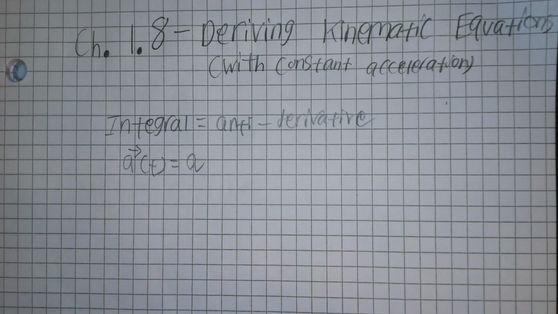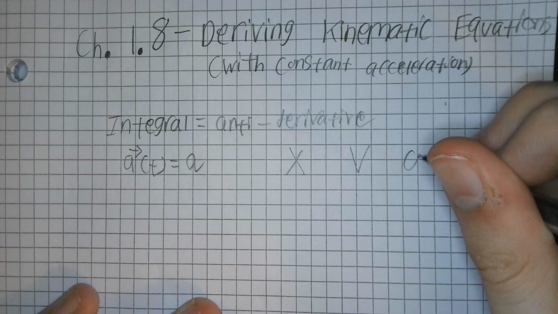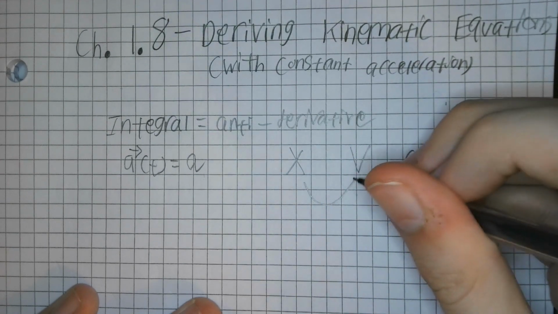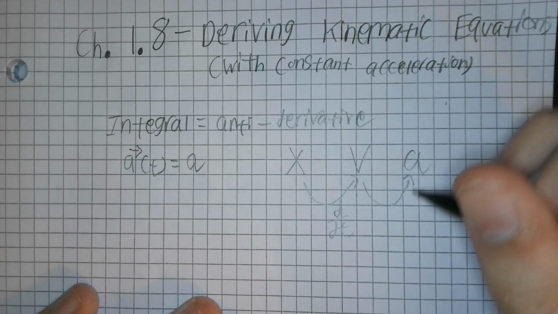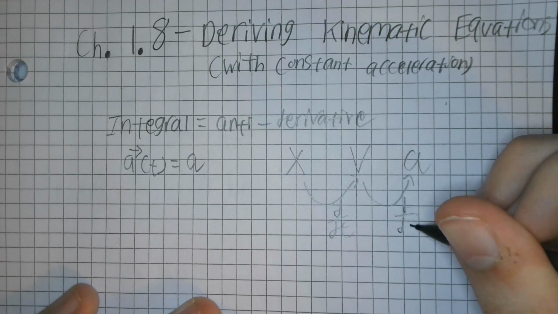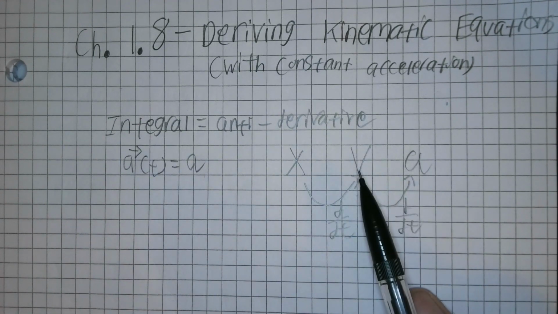If you remember my little chart from last time with x, v, and a, I would show that the derivative with respect to time could take you from x to v and from v to a. Position to velocity, velocity to acceleration. Okay? Well, what if I want to go backwards?